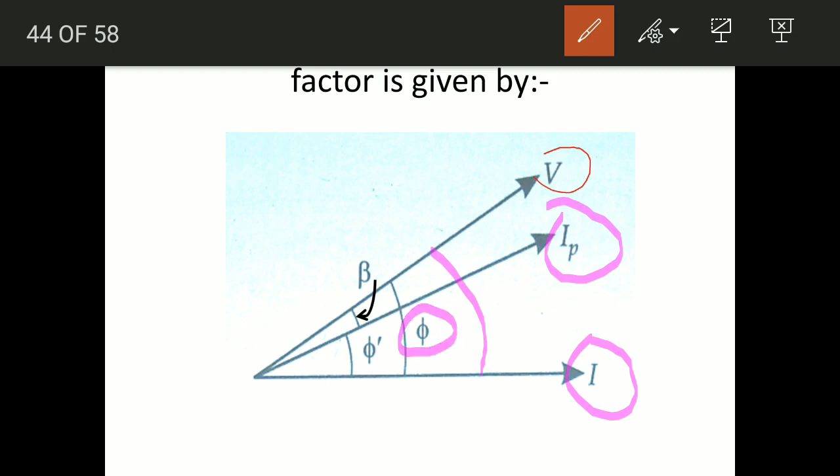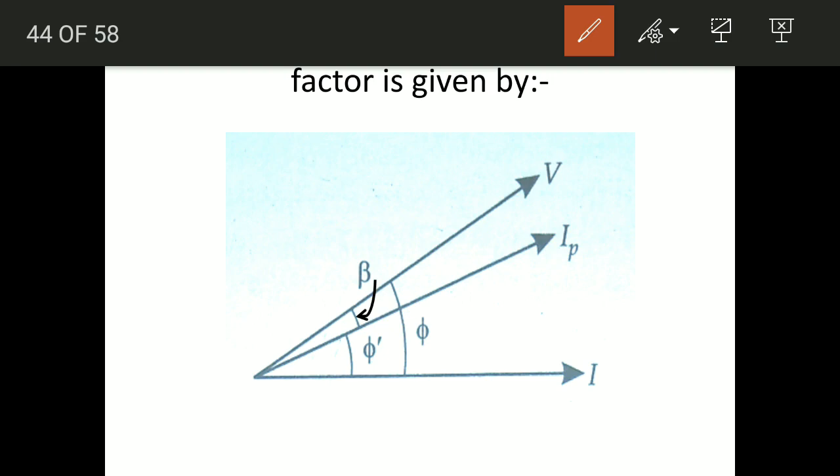Now from this diagram it is clear that beta indicates the phase angle corresponding to pressure coil, because the pressure coil is of inductive nature, and from the knowledge of our previous lecture, we know that in case of inductor, current lags the voltage. In ideal condition it is exactly 90 degrees, but practically it is always less than 90. So here we have considered that the current flowing through pressure coil lags the voltage by an angle of beta.